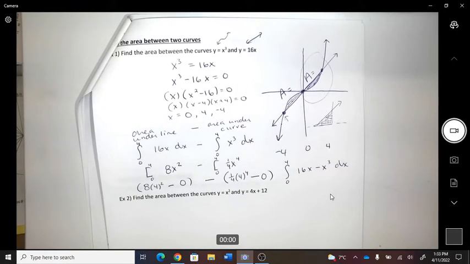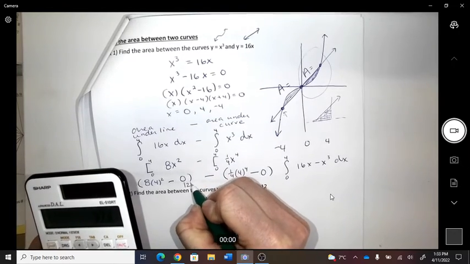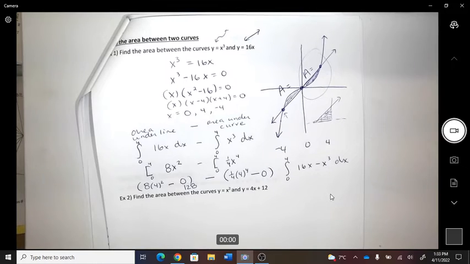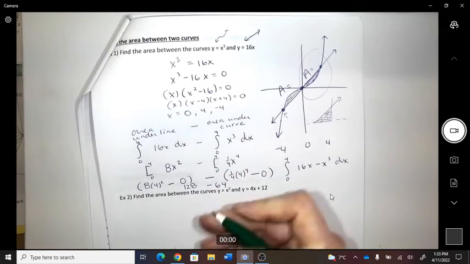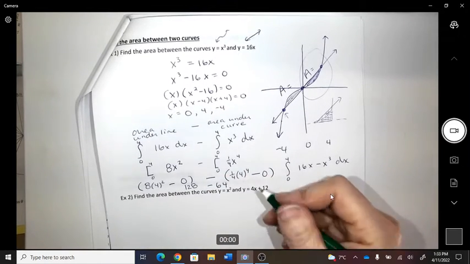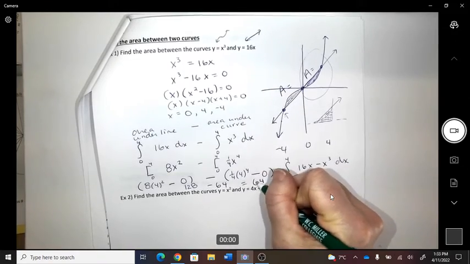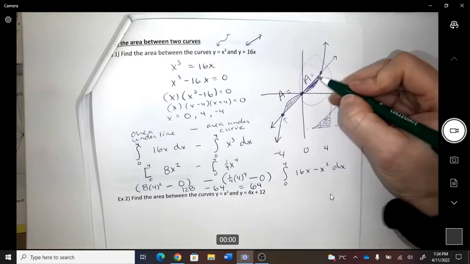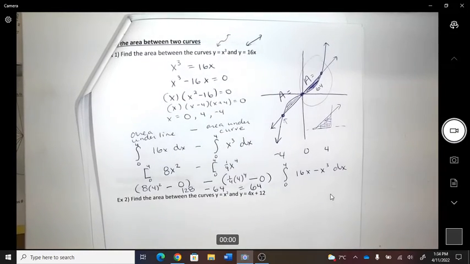So doing the same thing, except for we're just combining two things together. So this is 128 minus 64. So that is 64. So this area, there's 64 units.